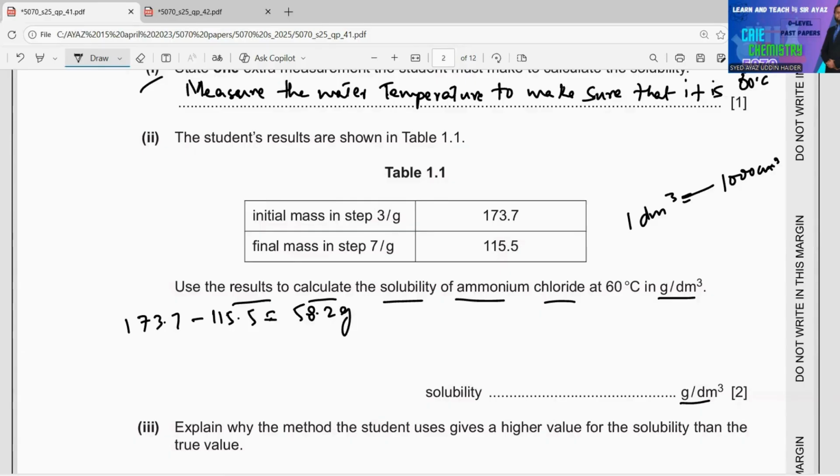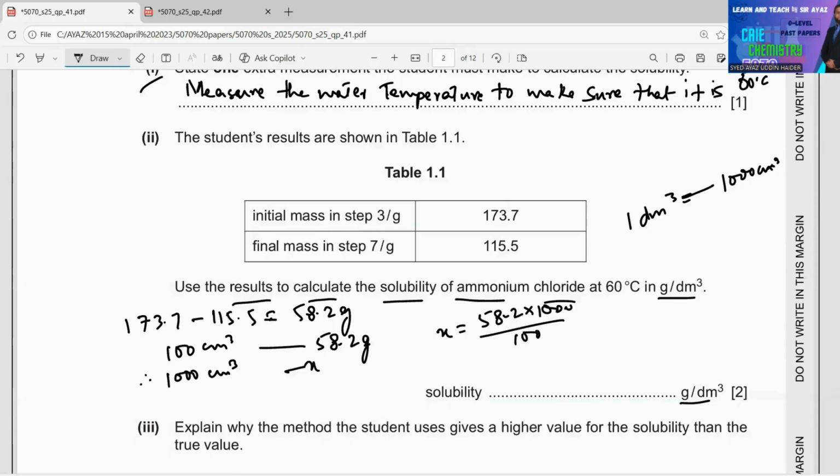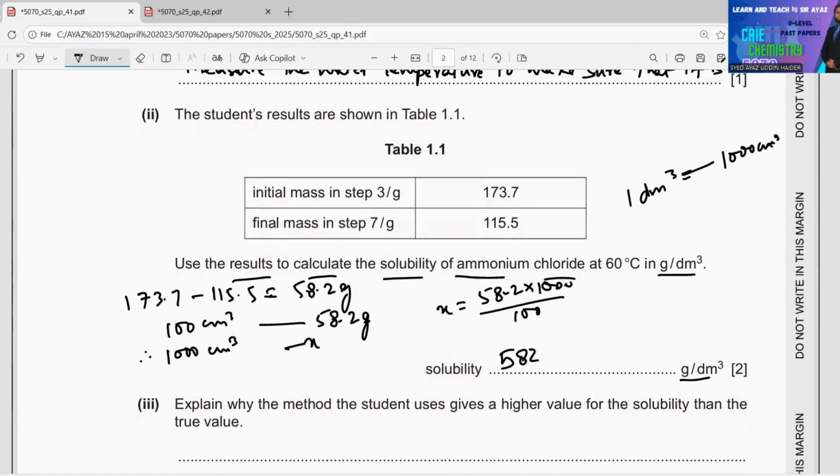This will be the mass that's dissolved in 100 centimeter cube. 100 centimeter cube dissolves 58.2 grams. Therefore, 1000 centimeter cube dissolves X gram. So X is equal to 58.2 multiplied by 1000 divided by 100. So the final answer will be 582 grams per decimeter cube.